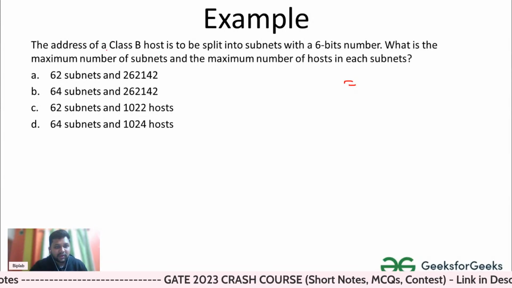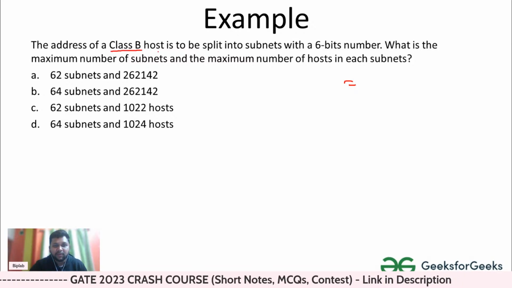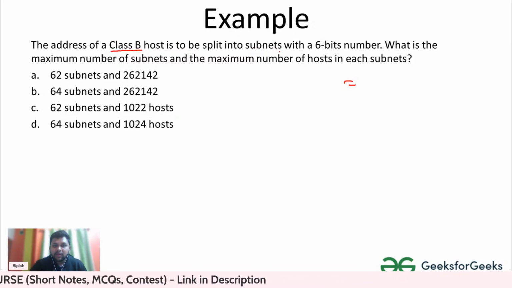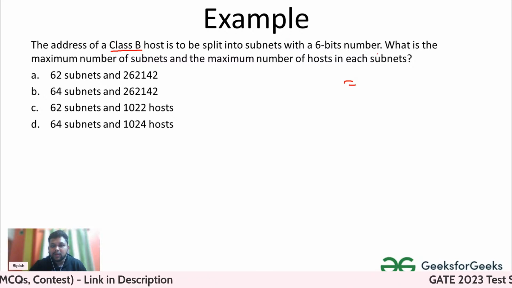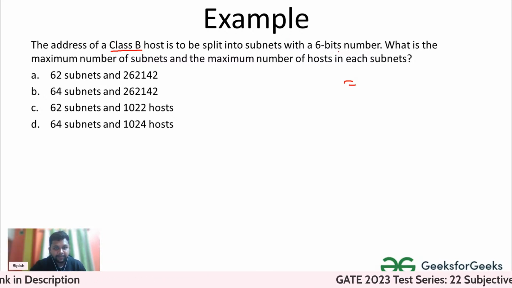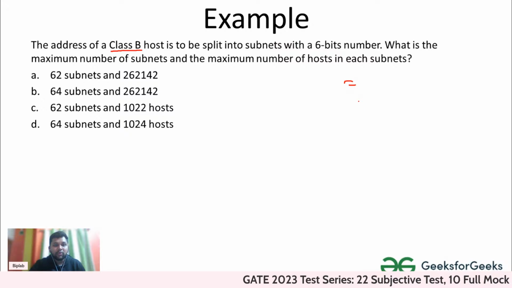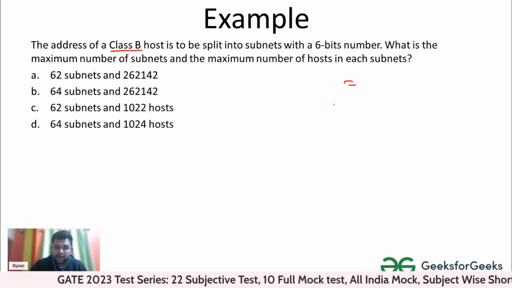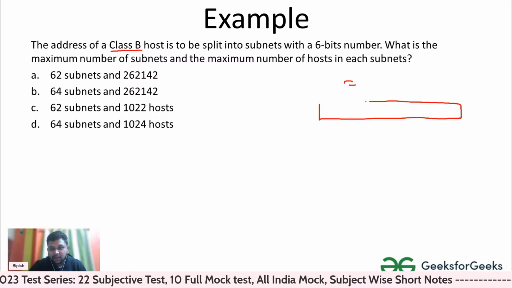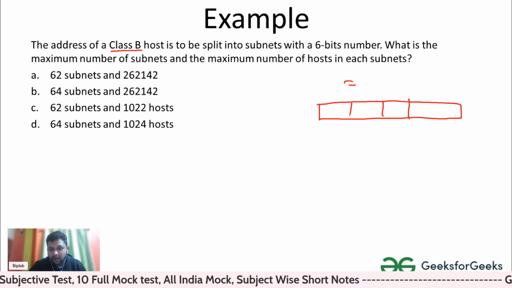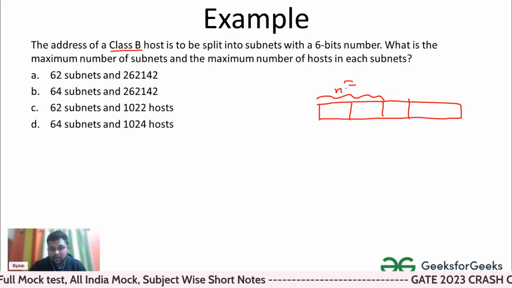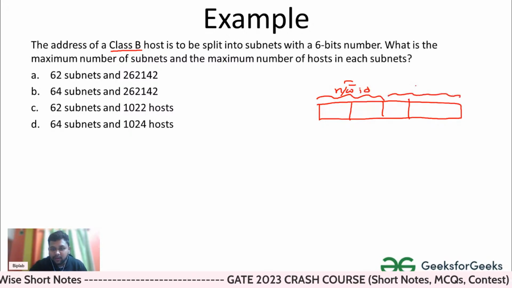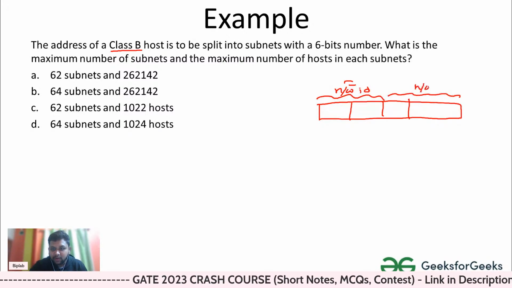The question says the address of a class B host has to be split into subnets with a 6-bit number. Now understand, you are given a class B network, which means you have 4 octets, and the first 2 octets belong to the network ID. The last two octets belong to the host ID.